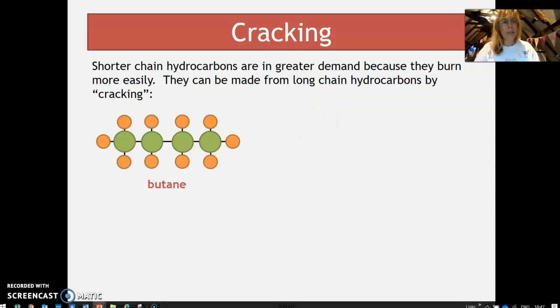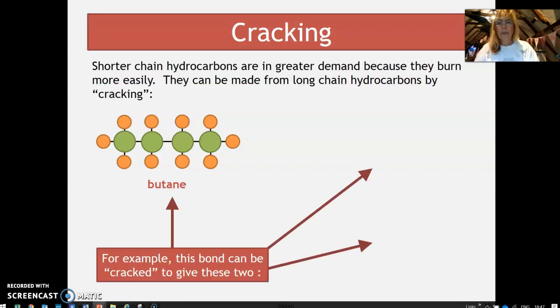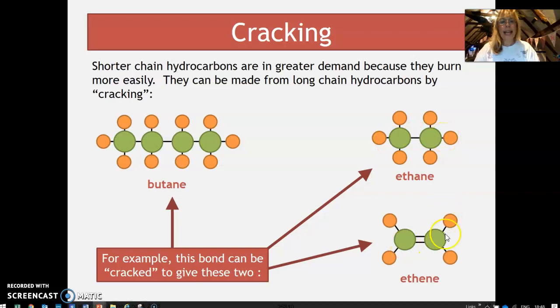So let's have a look at a picture, because sometimes a picture explains this to us better. Over here I've got a 4-chained hydrocarbon called butane. I know it's butane rather than butene because there's no double bonds. And this can be cracked, and I could end up with ethane and ethene.